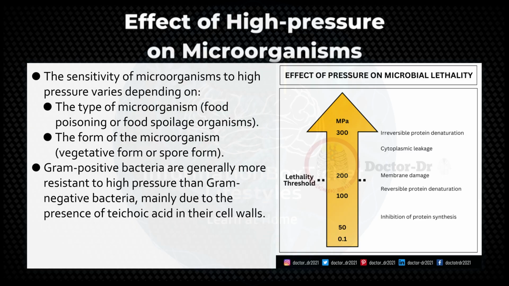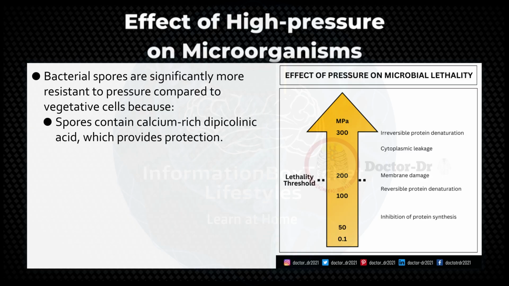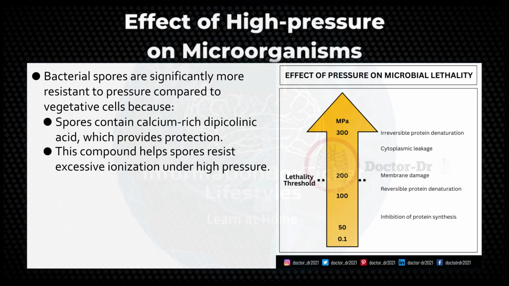Gram-positive bacteria are generally more resistant to high pressure than gram-negative bacteria, mainly due to the presence of teichoic acid in their cell walls. Bacterial spores are significantly more resistant to pressure compared to vegetative cells because spores contain calcium-rich dipicolinic acid, which provides protection. This compound helps spores resist excessive ionization under high pressure.